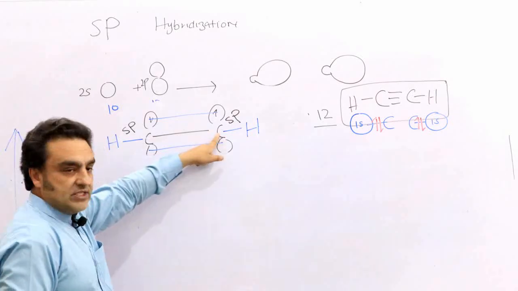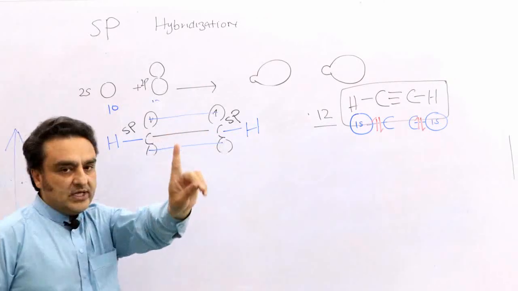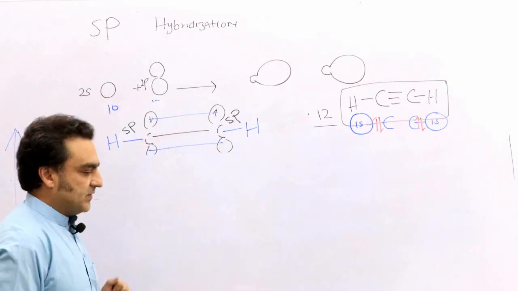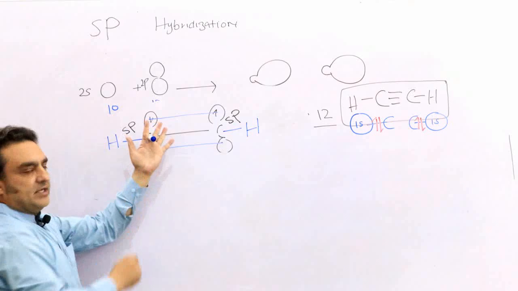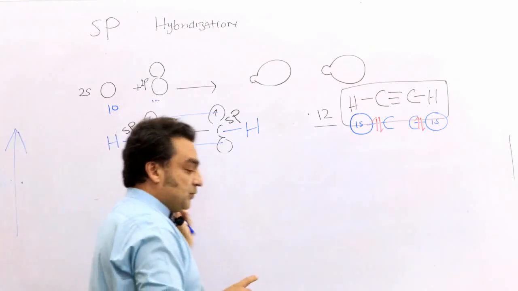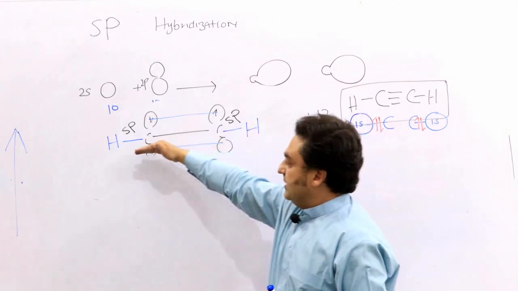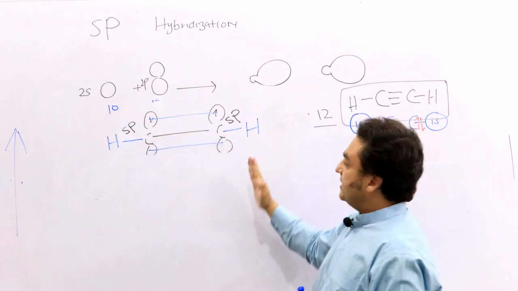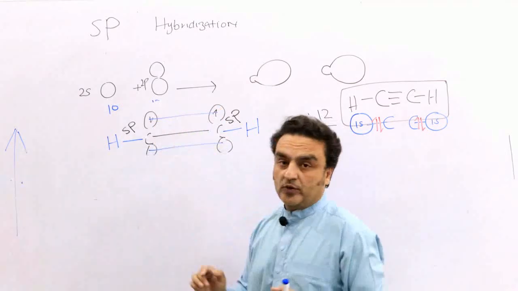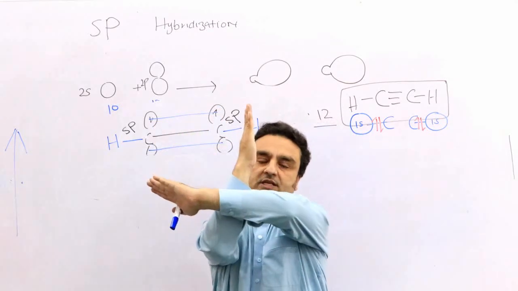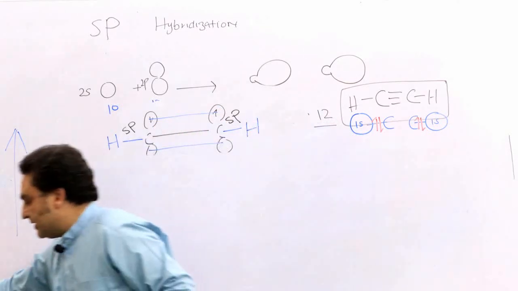Because this carbon has one p left with one electron present in it and this has another p left, so both of them should be perpendicular to the sigma bond axis, and also to the other two p orbitals, because you know the p orbitals in a molecule are perpendicular to each other.